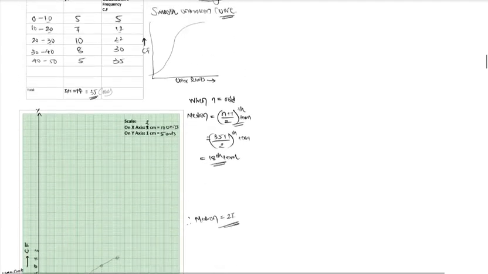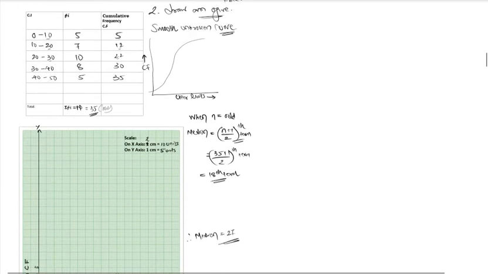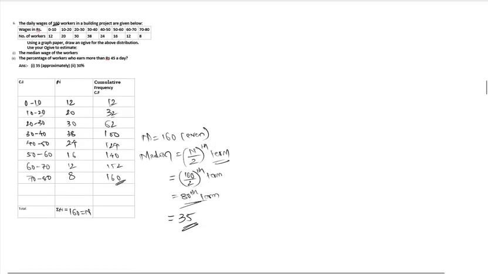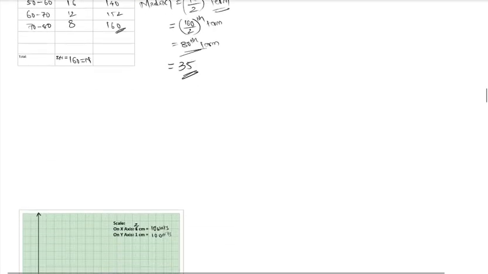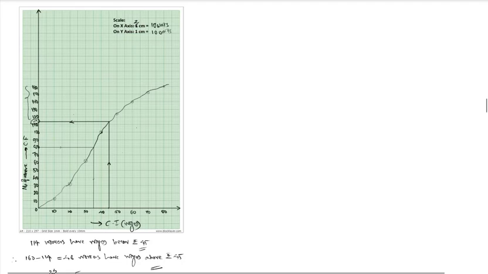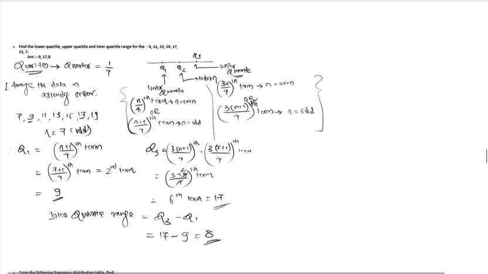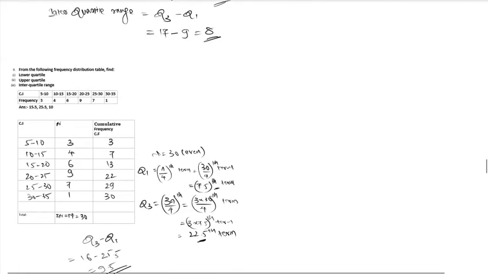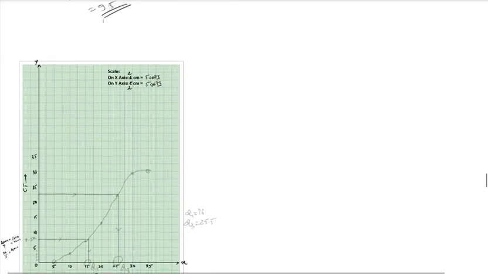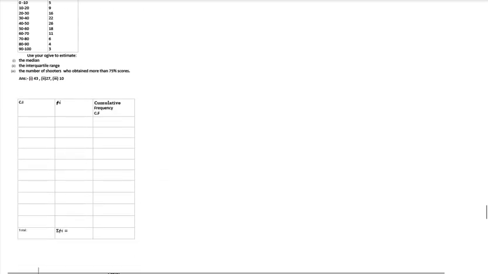Then the median for grouped data by drawing an ogive. And then different questions on grouped data, drawing an ogive and finding the missing things. We have done 2-3 questions as such. And then the quartiles and interquartile range, with and without the median, and the last one you have to do.